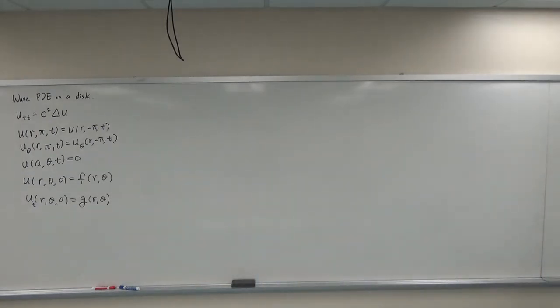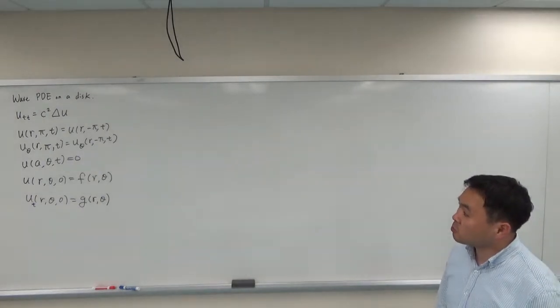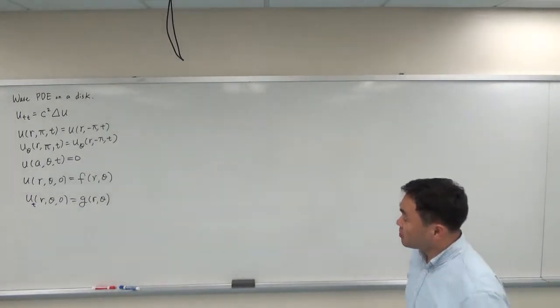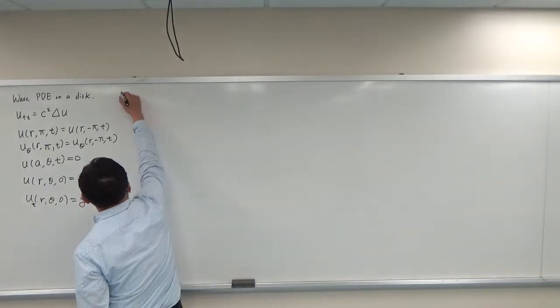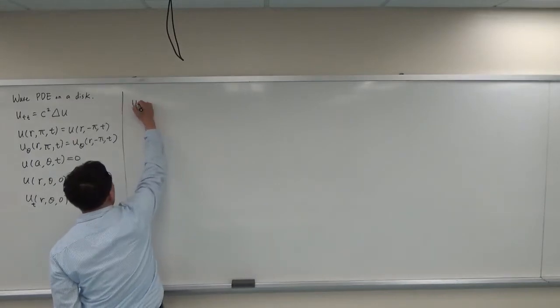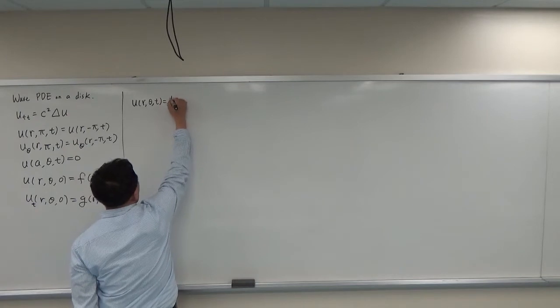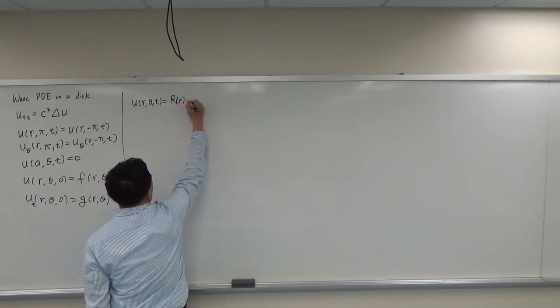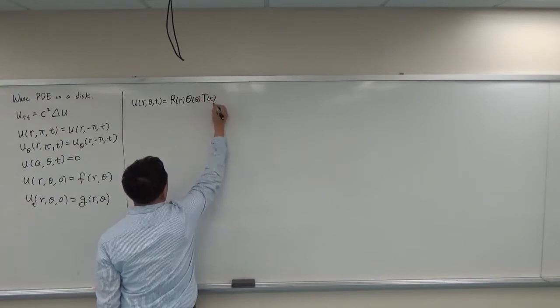Then we actually had done this problem considerably, and we're almost at the end of the result. So what we did was we tried to say u(r, theta, t) is equal to R(r) times Theta(theta) times T(t).